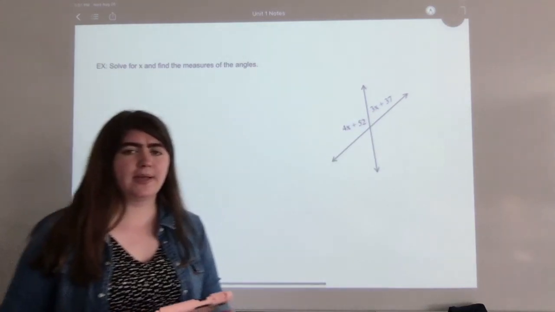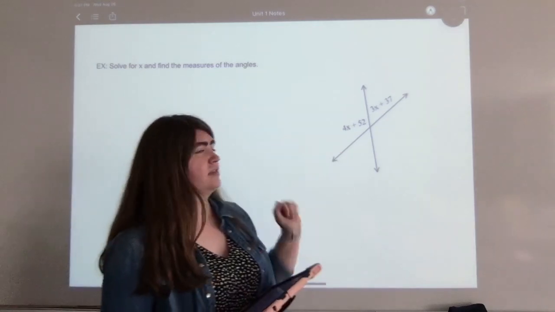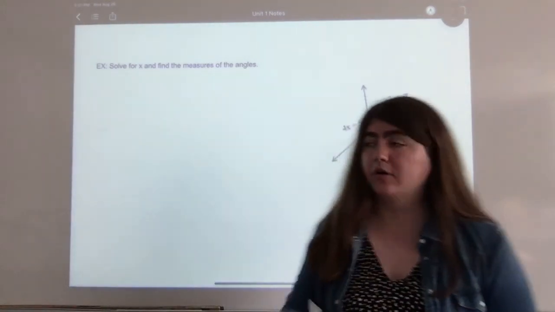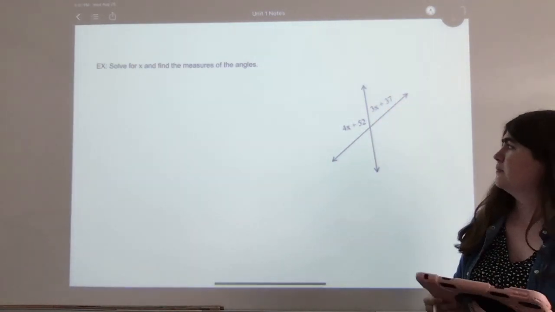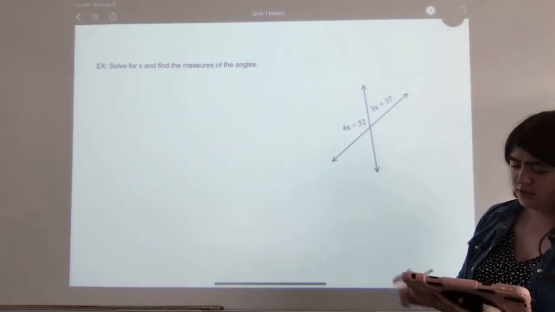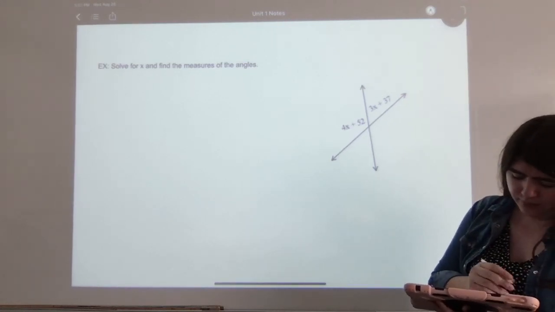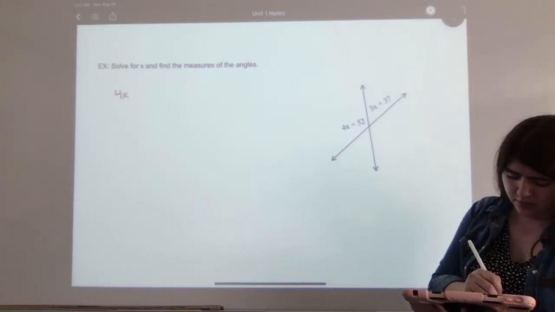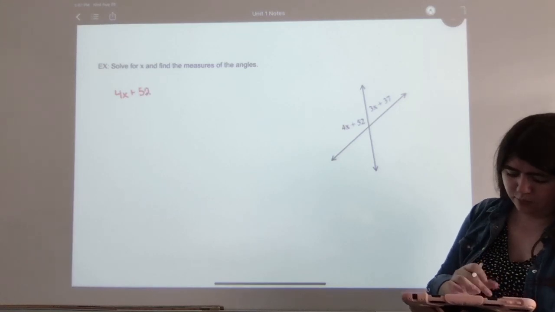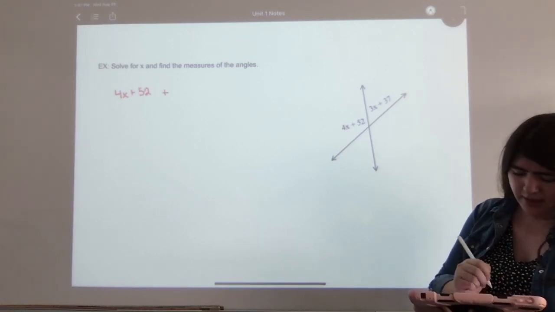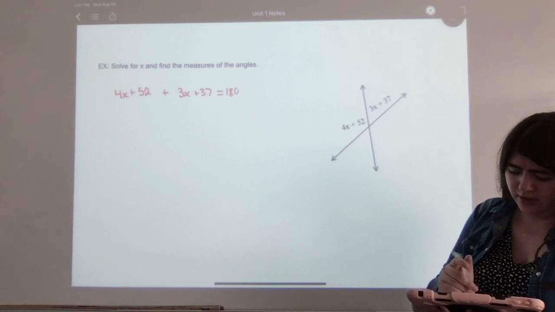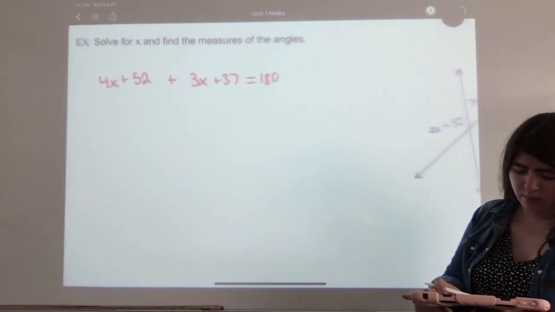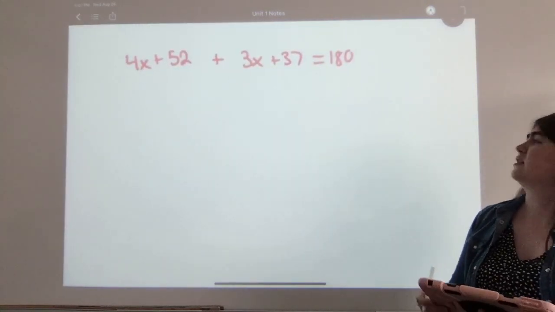So if they form a linear pair, then to solve this for both x and the angle measures, I need to plug these into my supplementary angle formula, which is 4x plus 52, that's one angle, plus the second angle, which is 3x plus 37, is equal to 180 degrees because they're supplementary.